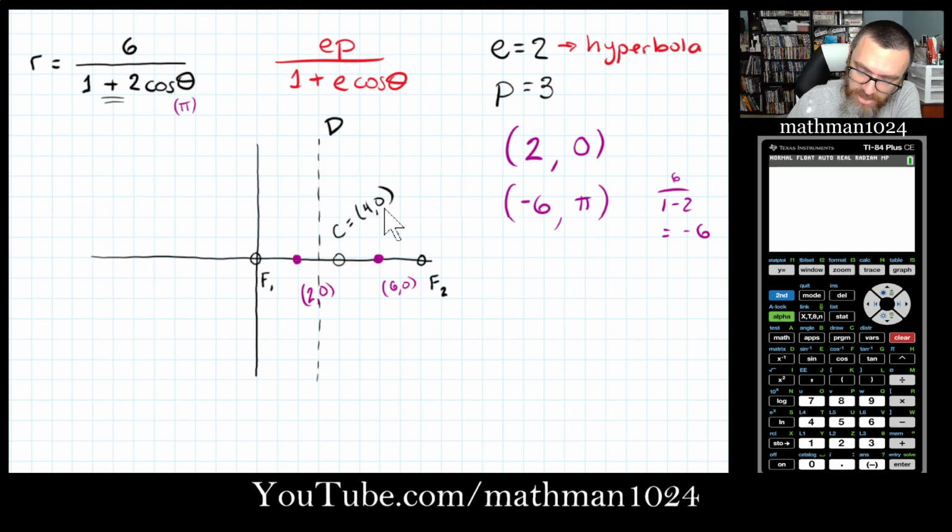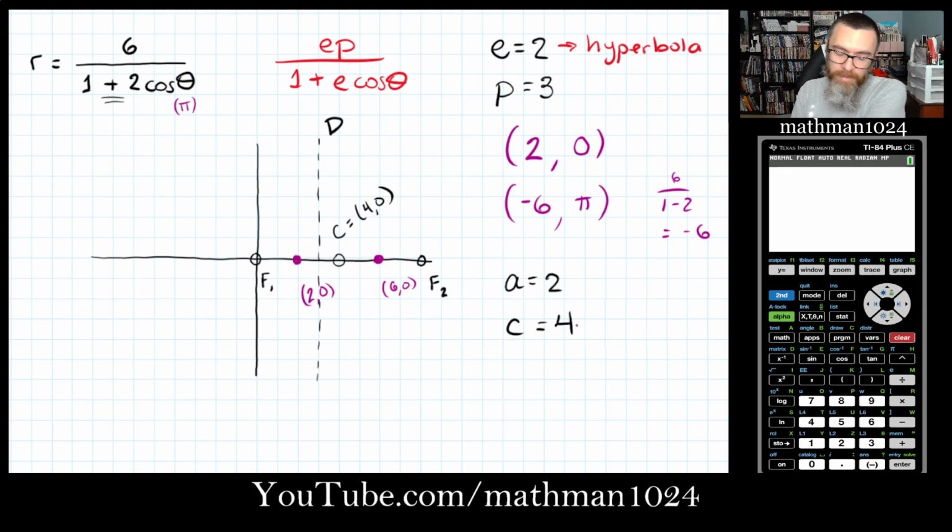All right, so that means that our A value is 2, so the distance from the center to the vertex is 2. My C value is 4. And so from here we can find that B value. So, again, done this plenty of times before, so that means that C squared is A squared plus B squared.